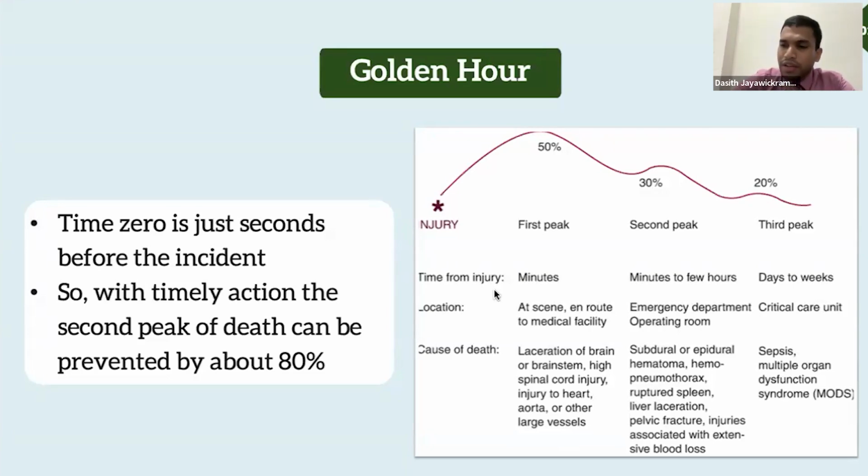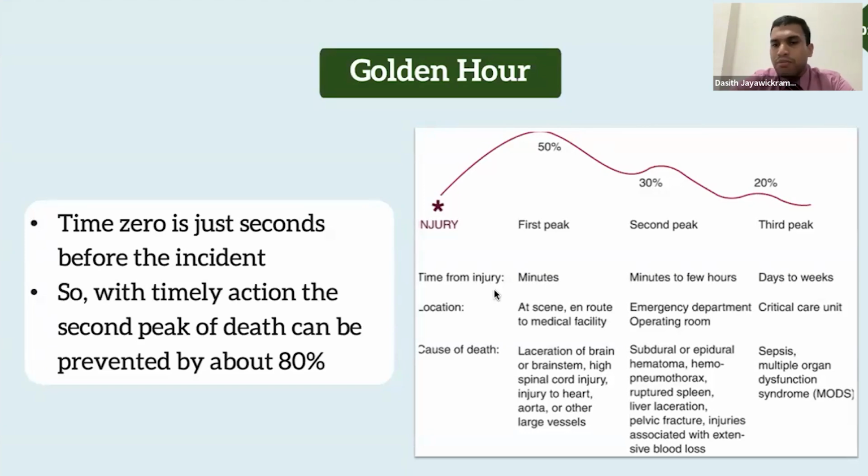The second peak of deaths encompasses over 30% of the trauma deaths. The deaths occur from minutes to a few hours. So by this golden hour concept, our priority is to cater to these first peak and second peak patients, so we can prevent their deaths.